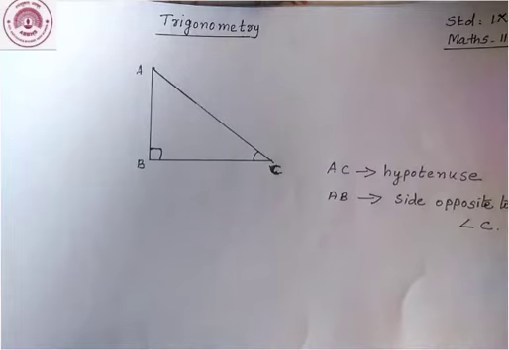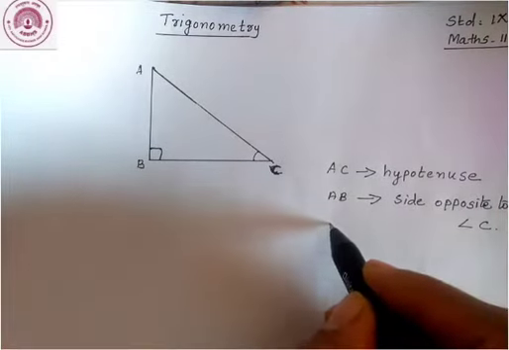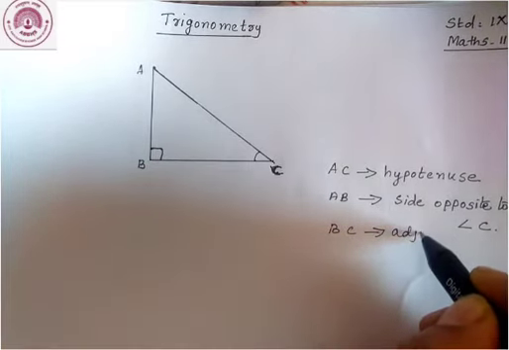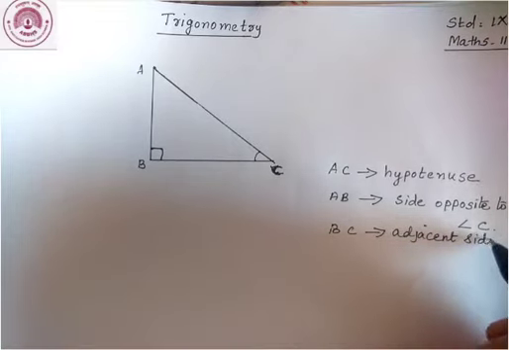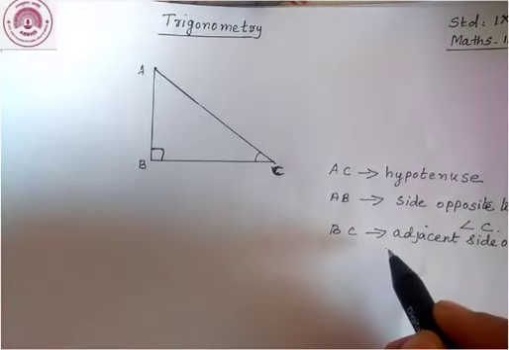BC is the adjacent side of which angle? Angle C.